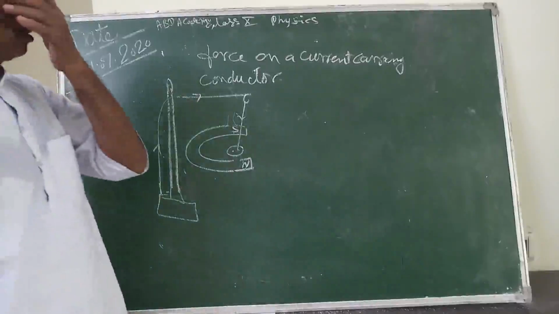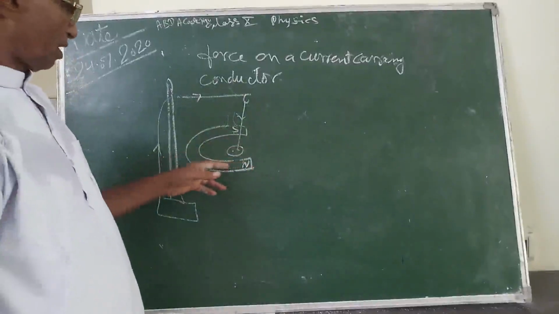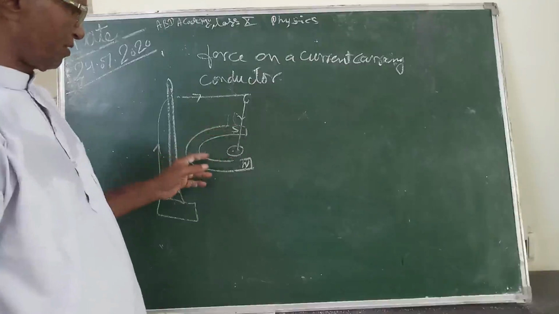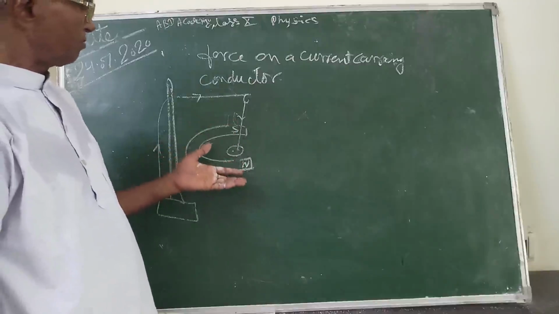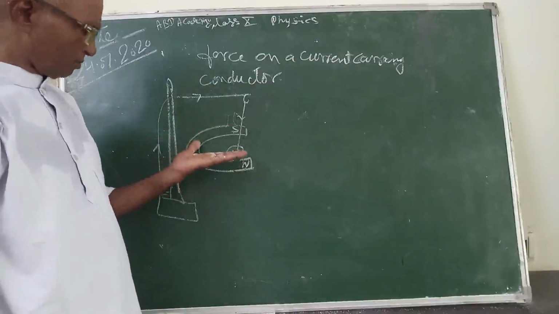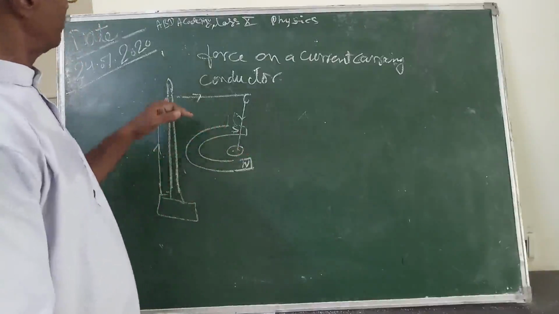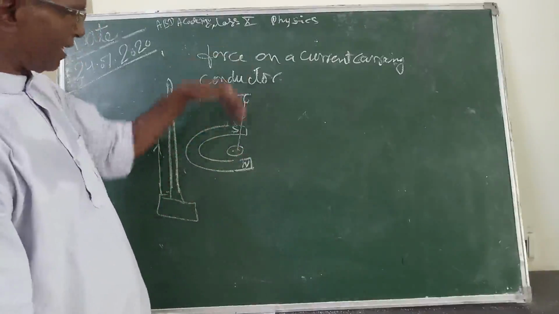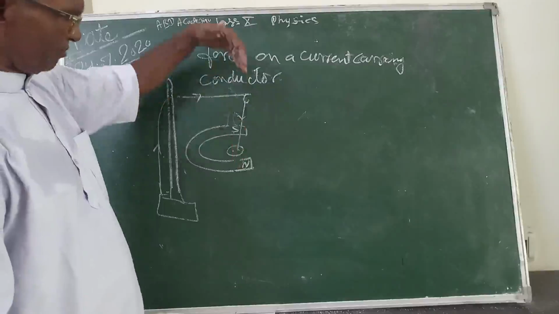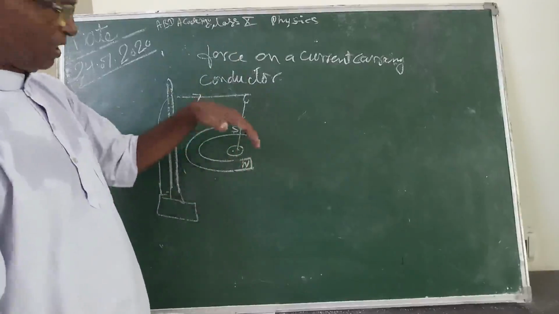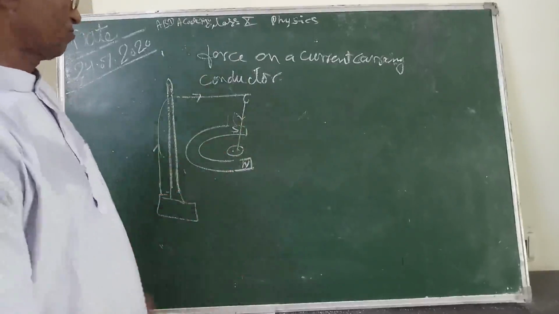Force on a current carrying conductor. In the figure, a horseshoe magnet has north and south from right to left, and with a stand a wire hangs with a hook vertically downward to the horizontal plane.